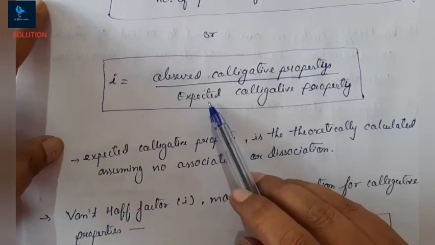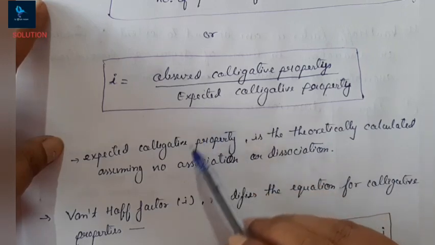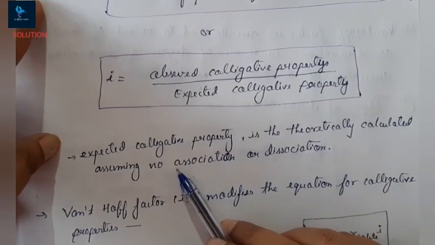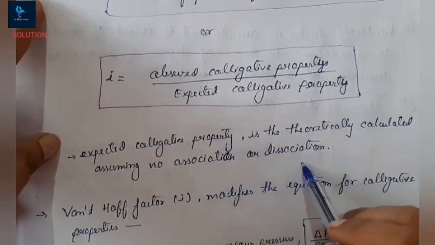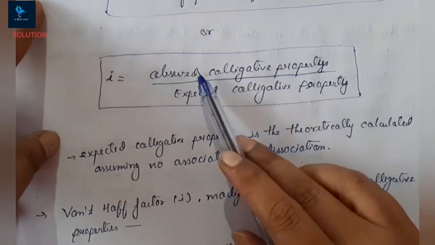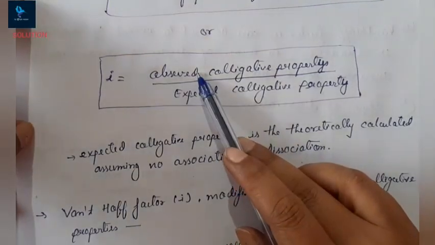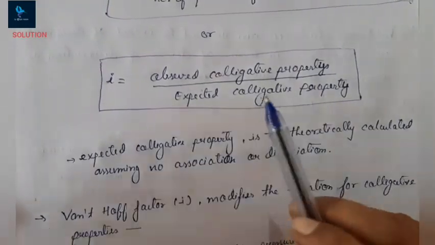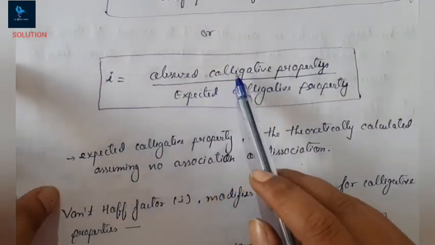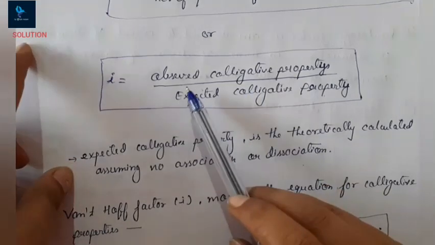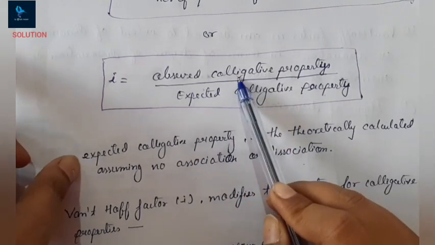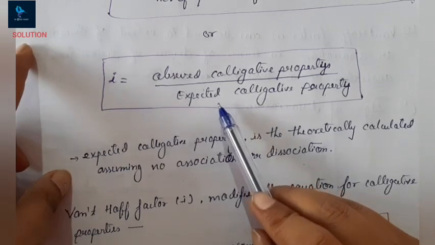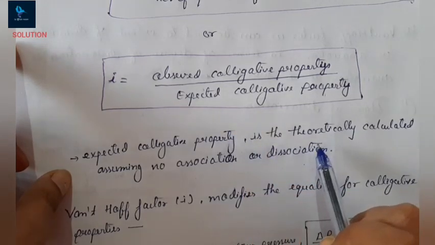What is the expected colligative property? The expected colligative property is the theoretical value calculated assuming no association or dissociation, and the observed value is what you can measure experimentally in your lab.